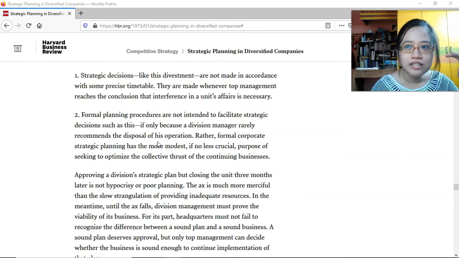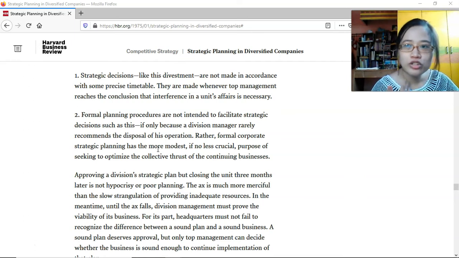Okay? Pero again, since probably inexperience, so hindi mo alam yung mga nagiging problems or possible issues with that investment, so normally, a division manager would not recommend it to be discontinued.